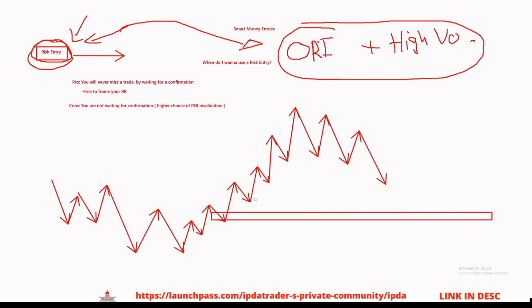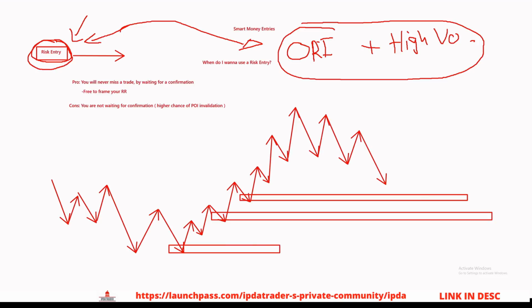You may have this one, this one, and this one over here, right? You see the arrow is your origin block, right? So when it comes to risk entries, you want to use that, as we said before, at origin blocks, which in this case would obviously be over here, right?